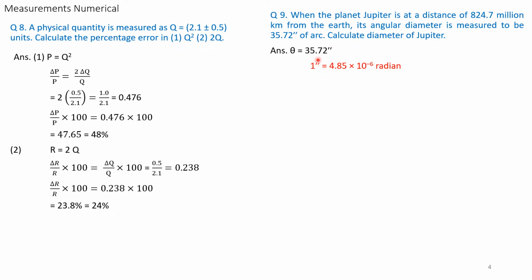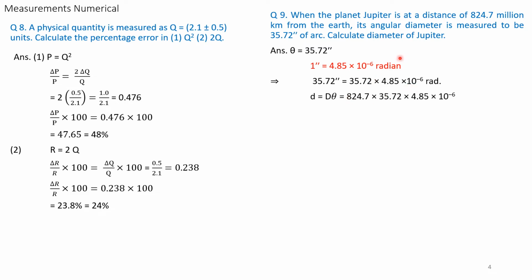We have to remember that 1 second is equal to 4.85 into 10 to the power of minus 6 radians. That is, the angle is expressed in terms of radians. So 35.72 seconds will be equal to 35.72 into 4.85 into 10 to the power of minus 6 radians.